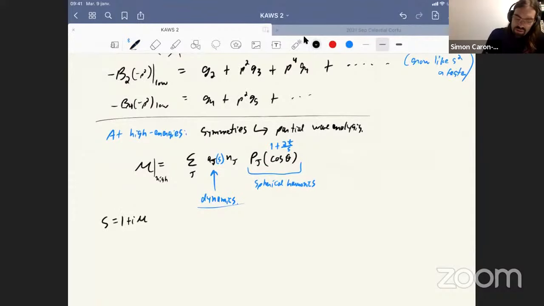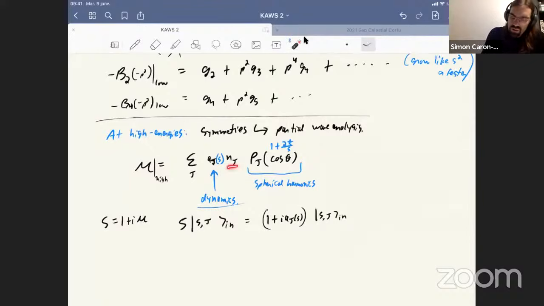Acting on an in state with energy s and spin J, you get 1 plus i a_J of s times the same state.